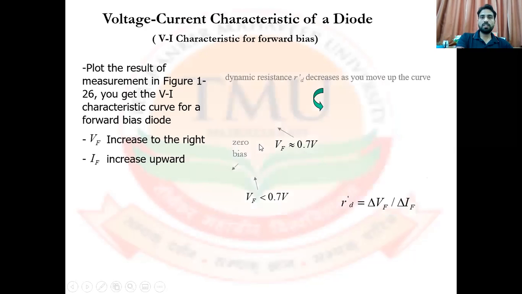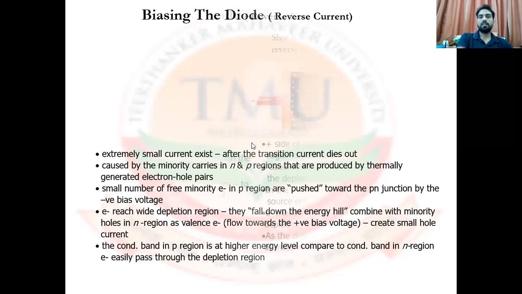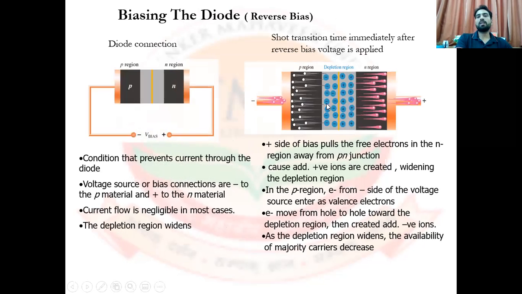This is basically called the VI characteristic. It tells us that the depletion region sustains until we provide 0.7 volt. Beyond that, the depletion region will be removed and there will be adequate flow of current. This is exactly the part.